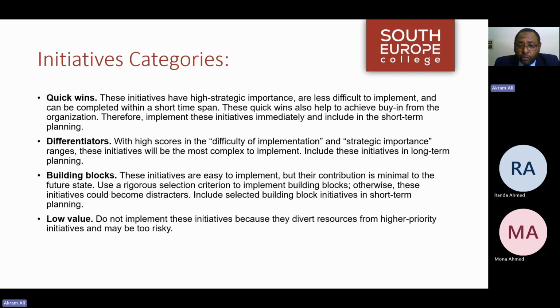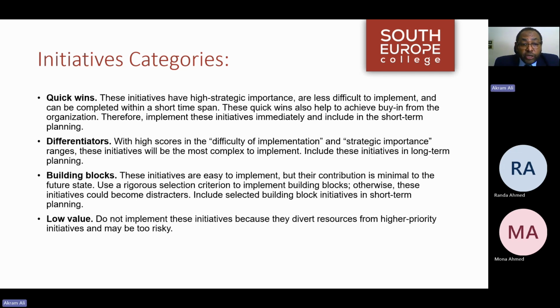We have an example of initiative categories, which are quick wins. These initiatives have high strategic importance, are less difficult to implement, and can be completed within a short time span. These quick wins also help to achieve buy-in from the organization. Therefore, implement these initiatives immediately and include them in the short-term planning.